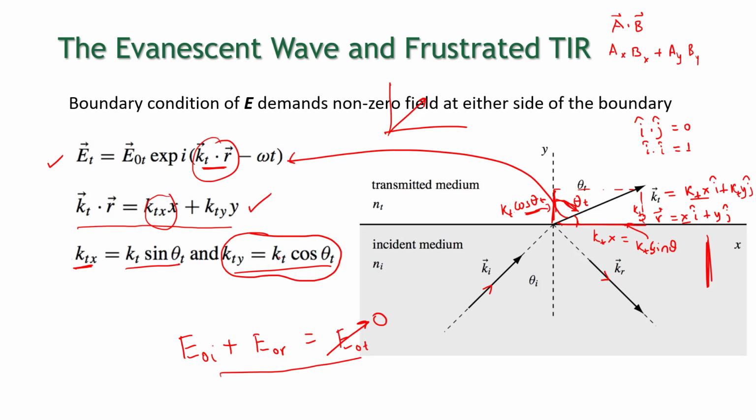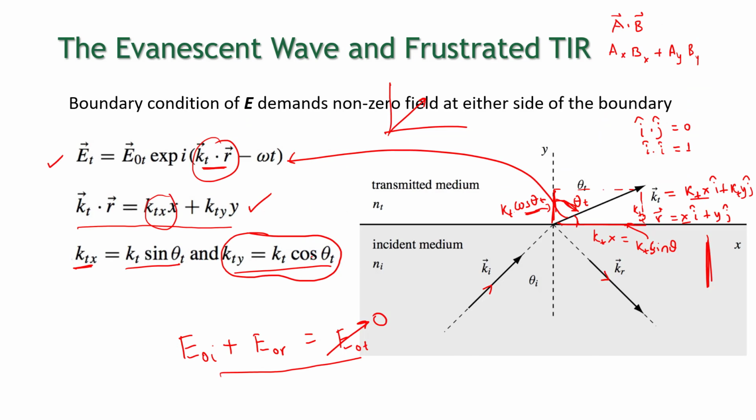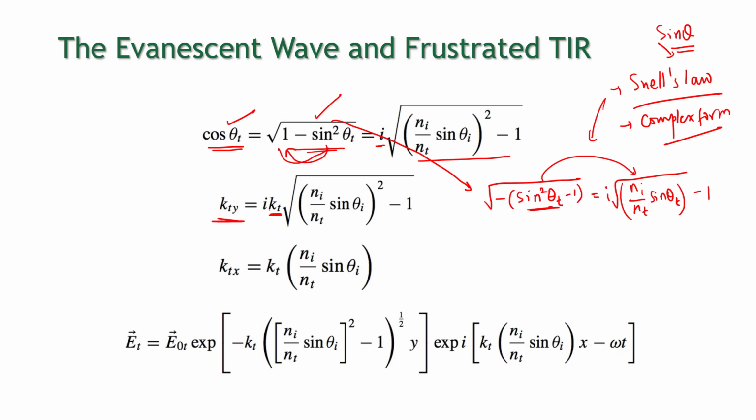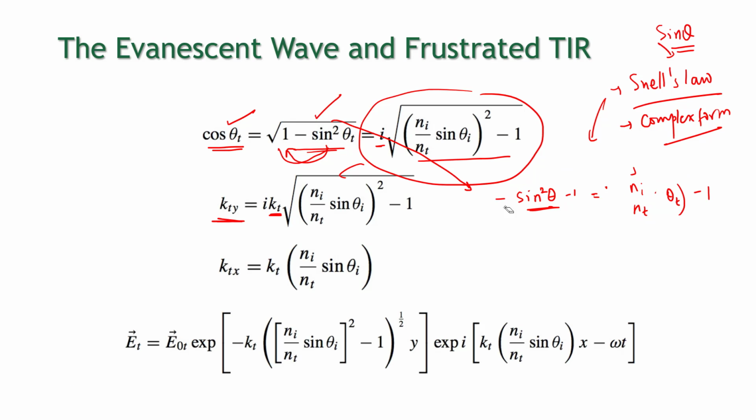So k_ty is k_t cosine theta t. We have k_t, and cosine theta t is what we got to be that, which is what we use here. I will take maybe a couple more minutes before we finish this, because I want to finish this.